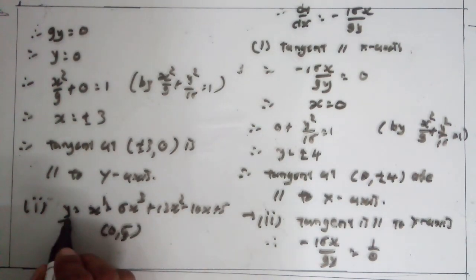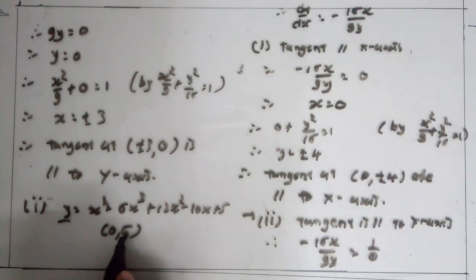First we get dy dx. Slope of tangent at given point 0, 5 is dy dx at 0, 5. Find the slope of tangent, and using slope and point get equation of a tangent.